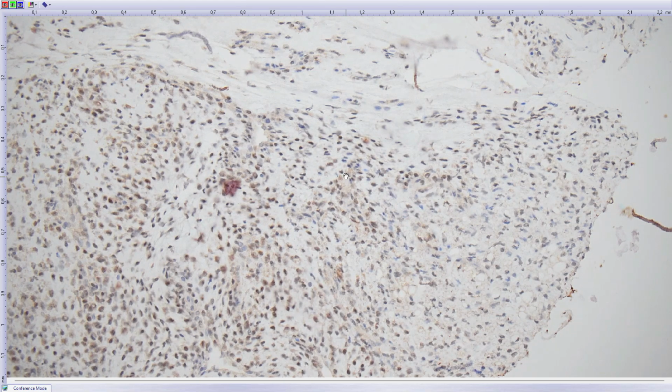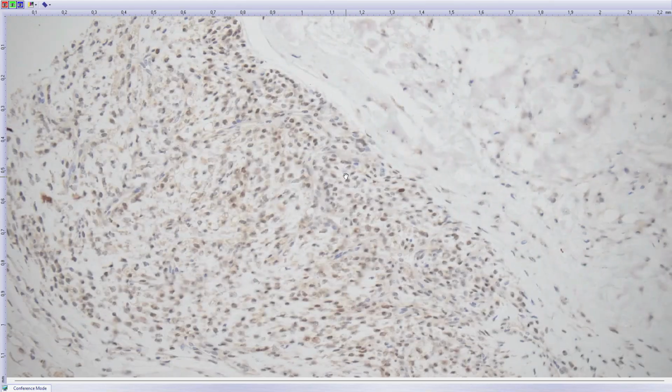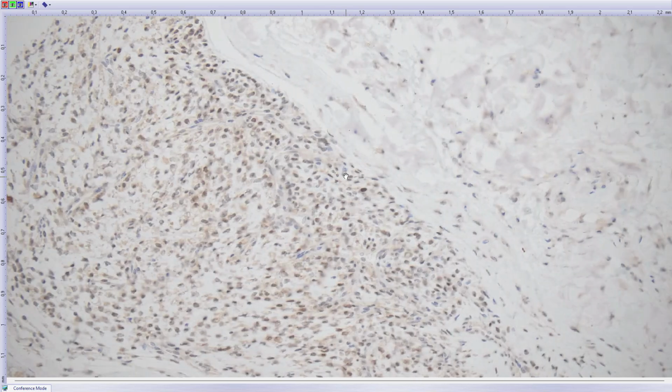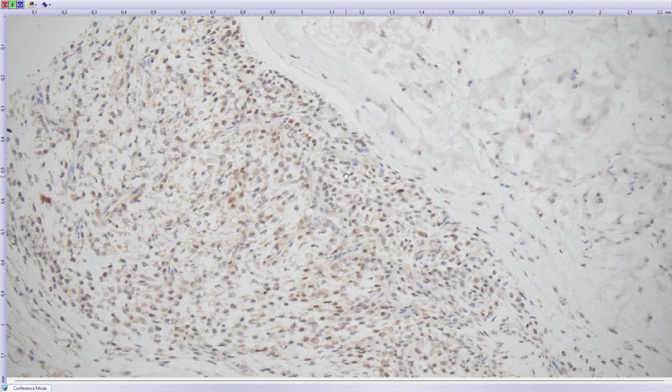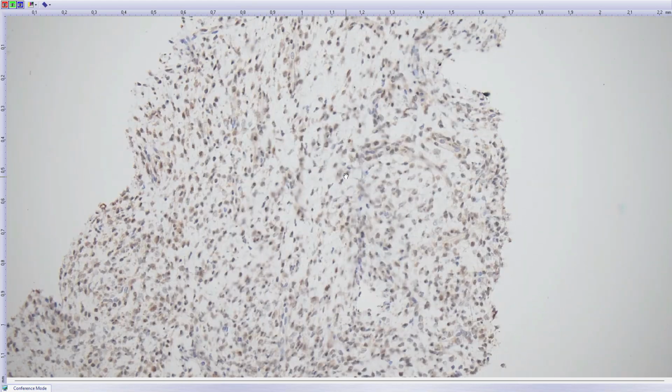So you can use a DDIT3 antibody, which should show nuclear expression. This reaction isn't perfect, but you can still see some positive nuclei in the tumor tissue.